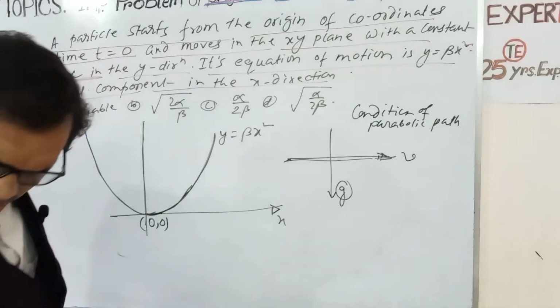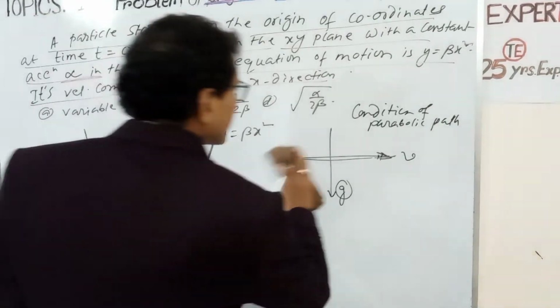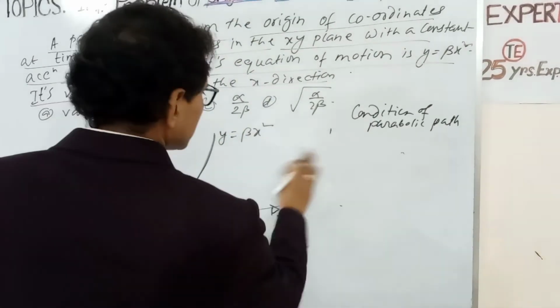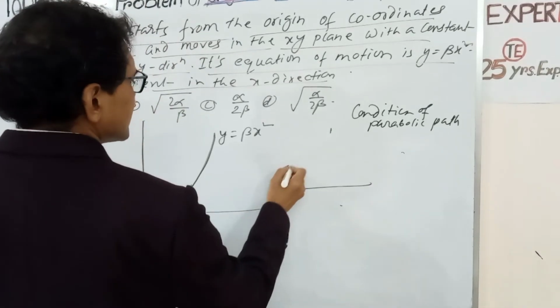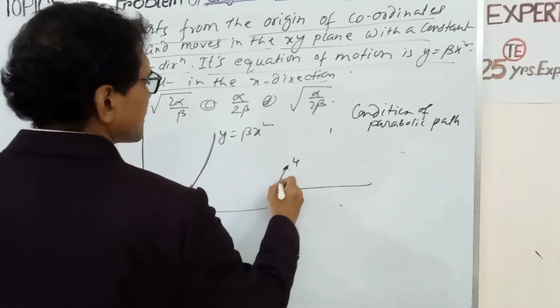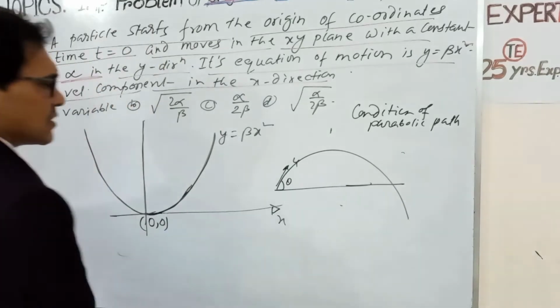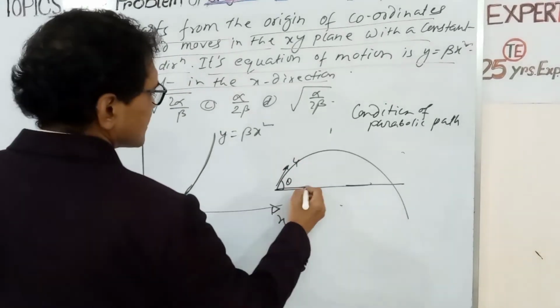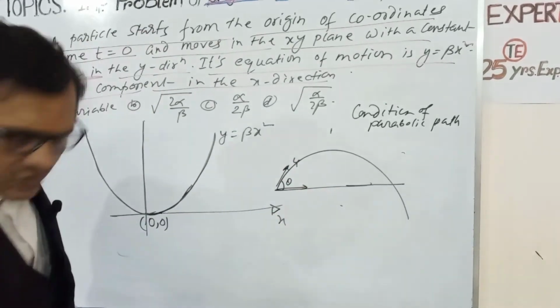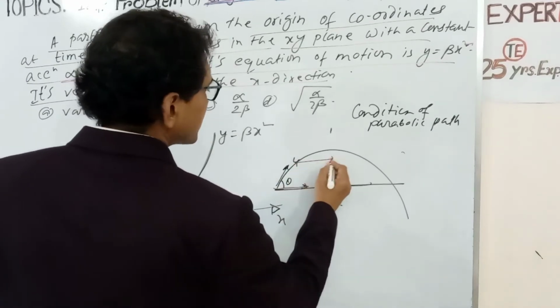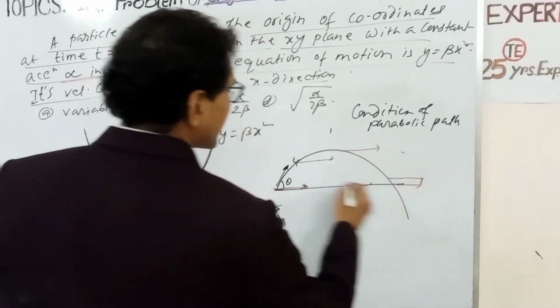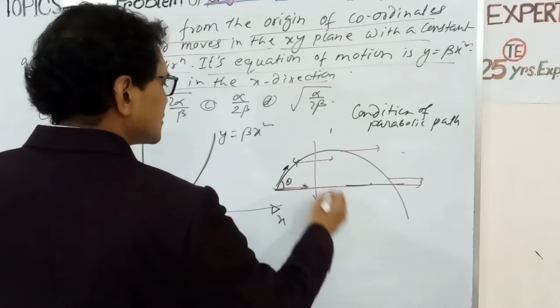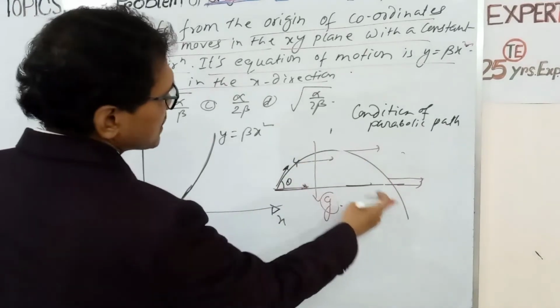So in a normal projectile path, suppose a body is projected here with velocity at angle theta. Now the path will be this. In this path the horizontal velocity always remains constant and the acceleration is always perpendicular. So that's why the path is a parabolic path.